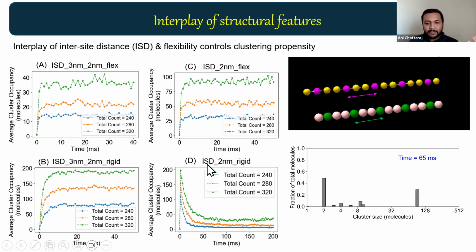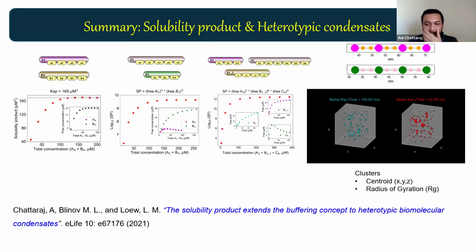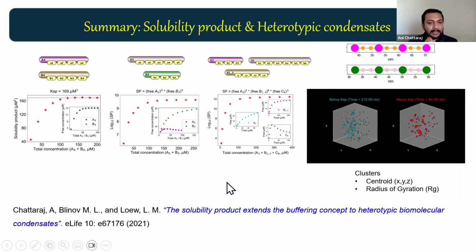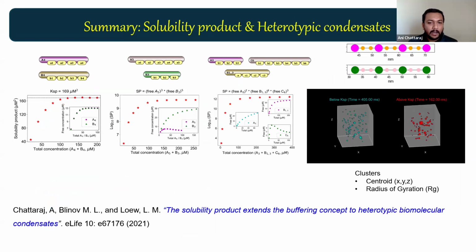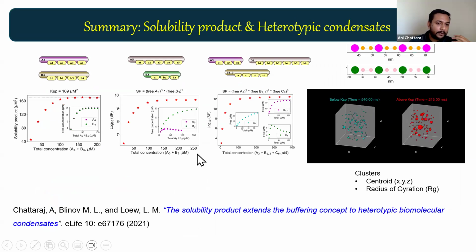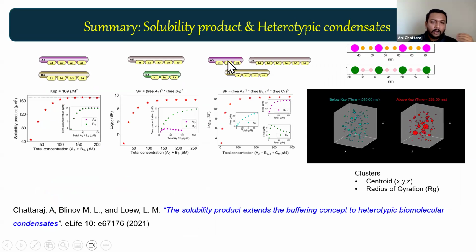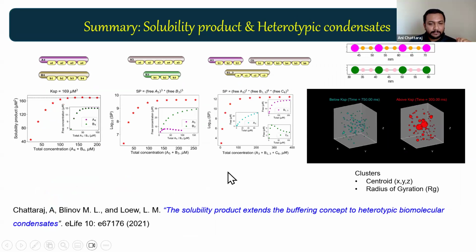So these are some of the interesting features that can be probed using the SpringSaLaD simulator, which accounts for the spatial geometry of the molecules. This is just a summary of what I already mentioned: the purpose of this modeling was to understand how we can think of the saturation point or concentration threshold of this multi-component heterotypic system.